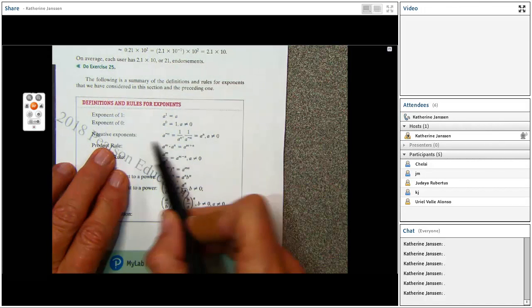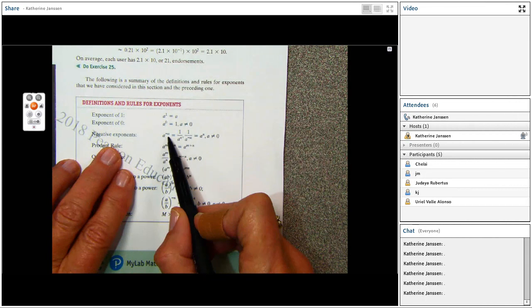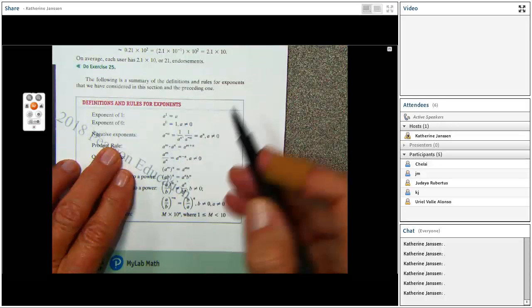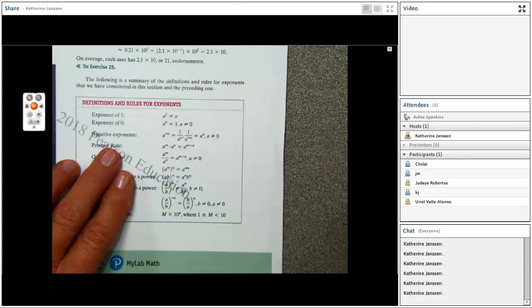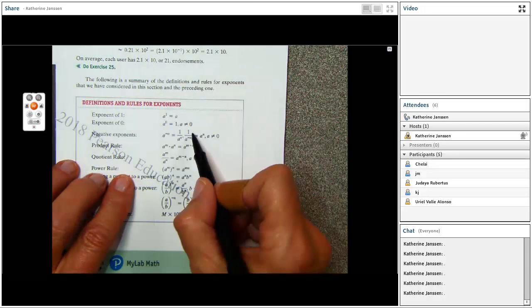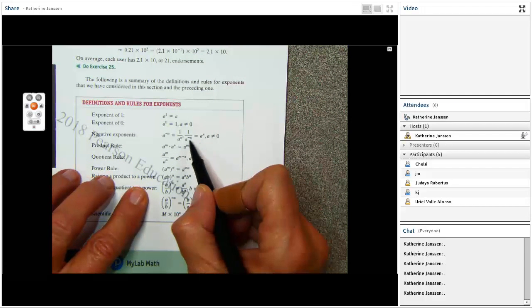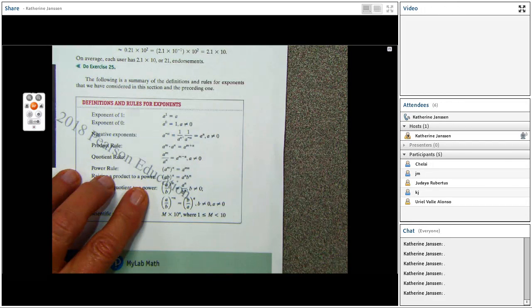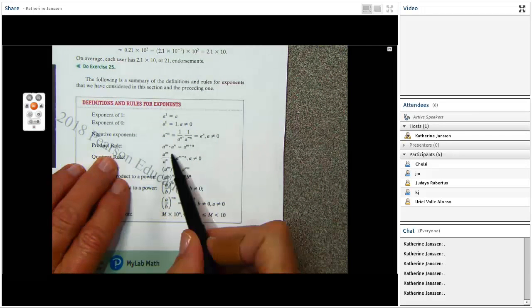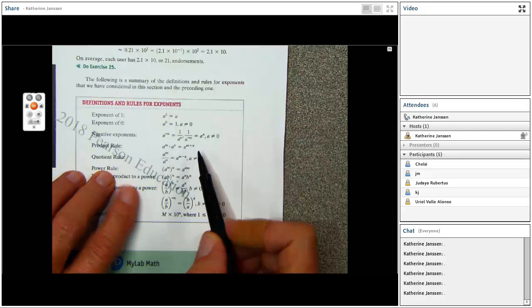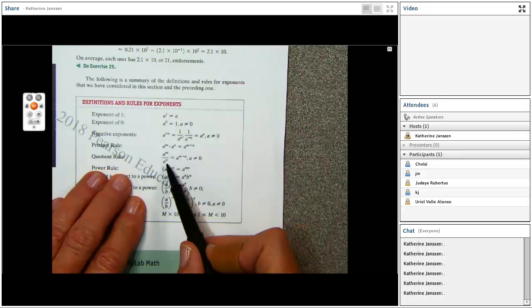Negative exponents. Any base raised to a negative exponent, we take the base to the denominator and change the sign of the exponent. So if I have 1 over a to the negative n, I'm going to take the base to the numerator and change the sign of the exponent. The product rule. I have same bases in multiplication, I add exponents. Quotient rule. The same base in the numerator and the denominator.